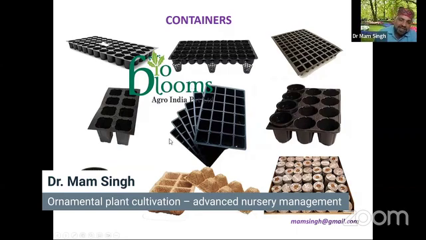So these plants accommodate in the containers, and we can use them for growing at large scale inside the nurseries and also our greenhouses, which are meant for propagation and nursery raising.